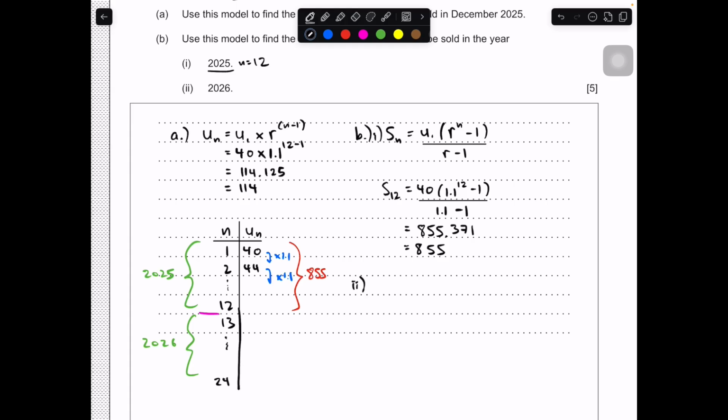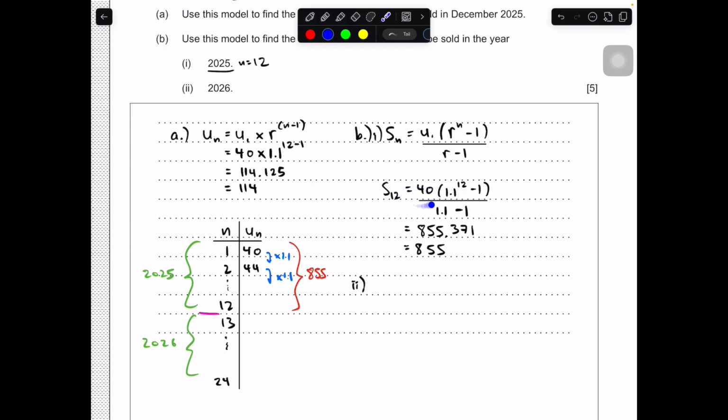Okay. So, how can we find this? I think there's two ways. The first way, actually I encourage you to stop for a second if you haven't already tried this one. Think about how you might solve this yourself. But the first way I think is if we want to use this formula again, this sum, we already know the sum of the first 12 terms.